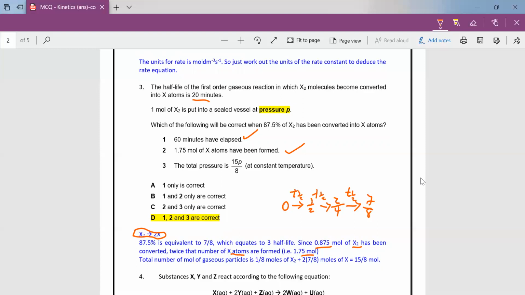So total number of gaseous molecule is 1/8 plus 2 times 7/8. So total is 15/8. All right. So this one is quite straightforward.